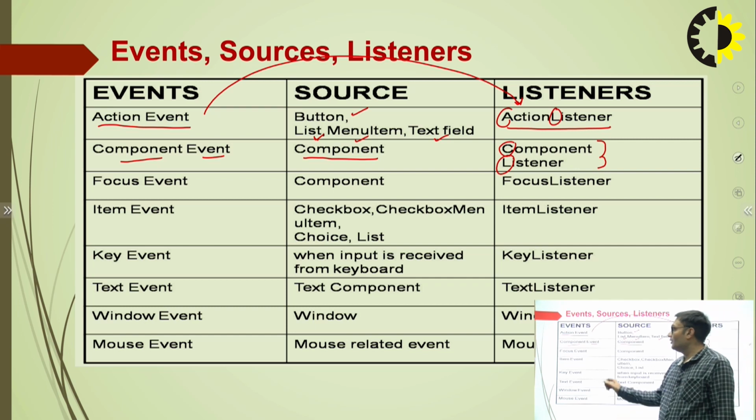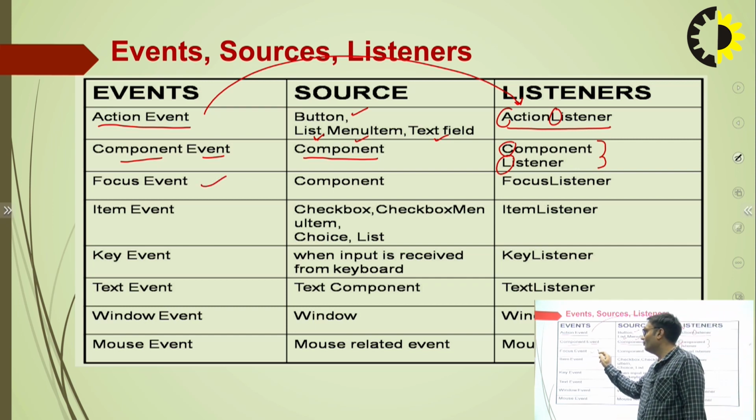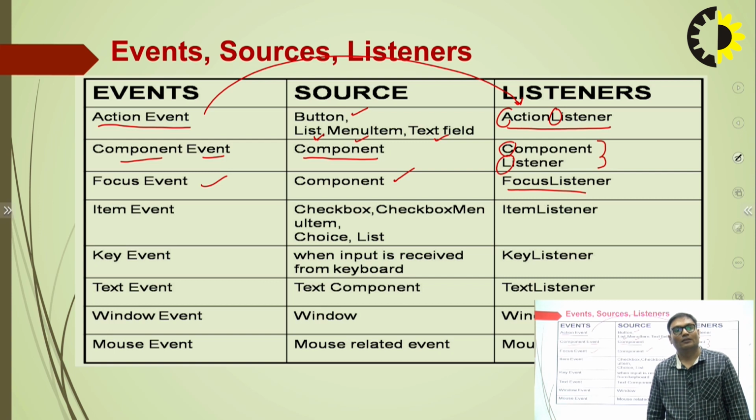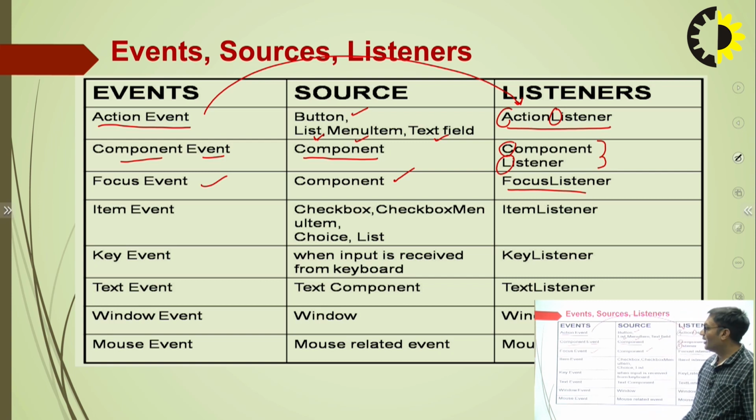Now the next broad category of events is focus event. Again, the sources can be any GUI based component, and the corresponding listener is focus listener. Similarly, item event.